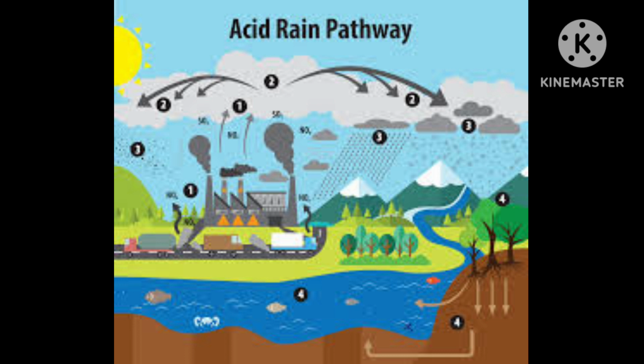Acid rain. We are aware that normally rainwater has a pH of 5.6 due to the presence of hydrogen ions formed by the reaction of rainwater with carbon dioxide, CO2.